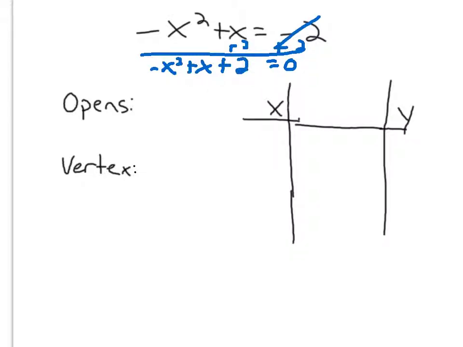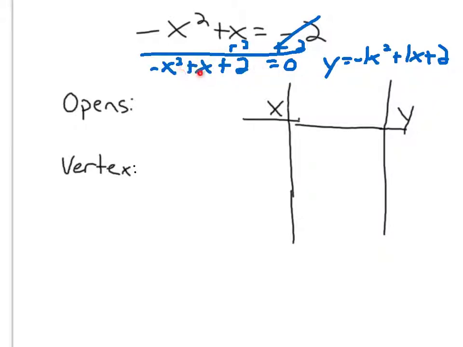Now I need to take this and write it in graphing format. So I'm going to take this 0 and replace it with a y, and put that out in front of it. So that's the same as y equals. Again, we need an a value, so I'm going to make this negative into negative 1x squared, plus I need a b value, which is 1x, plus my constant of 2.